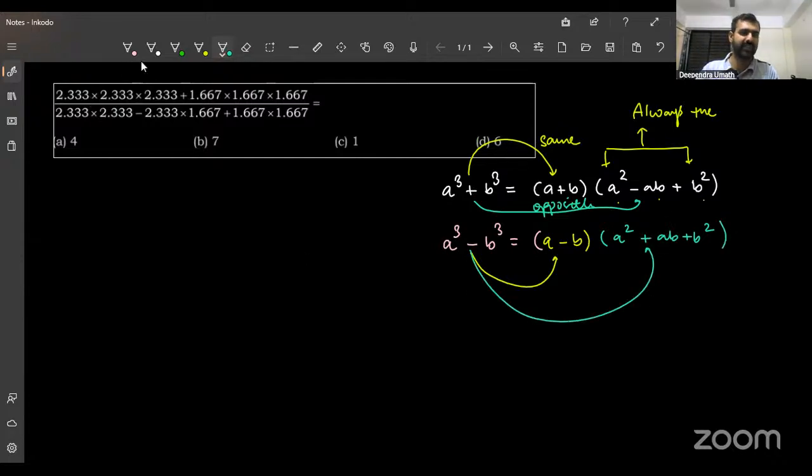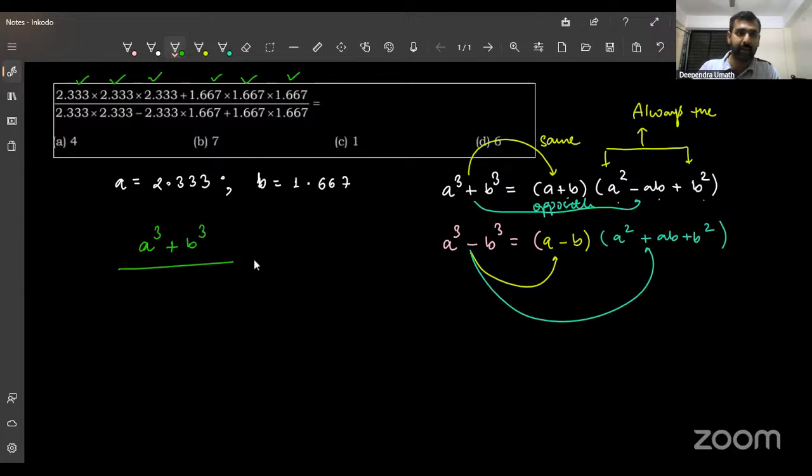So I hope you all must have been able to understand this formula, this concept. With that, if I just ask you to assume 2.333 as A and 1.667 as B, do you not think that the question now looks like this? 3 times A, which means A cube, 3 times B, which means B cube in the numerator, divided by A into A, that's A square, A into B, that's AB, and B into B, that's B square.